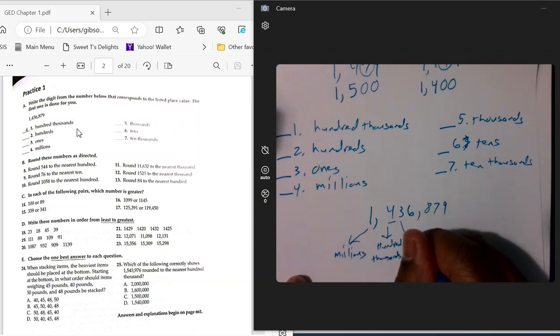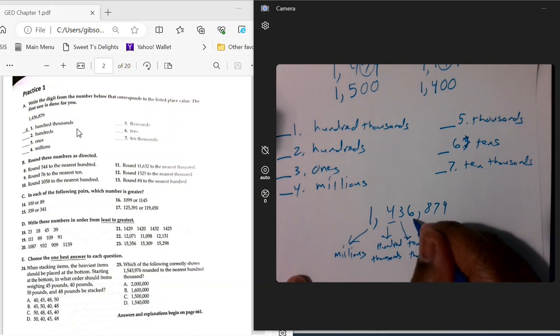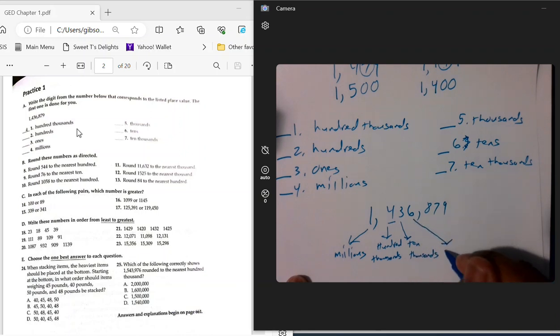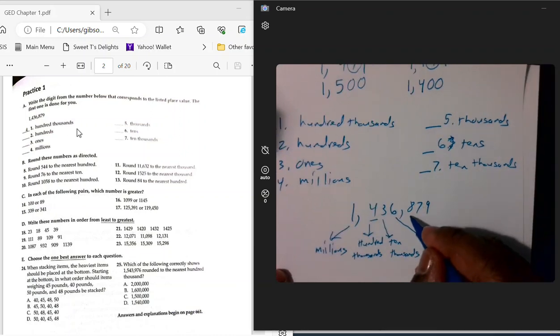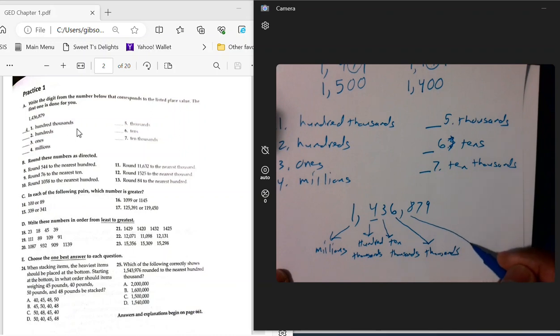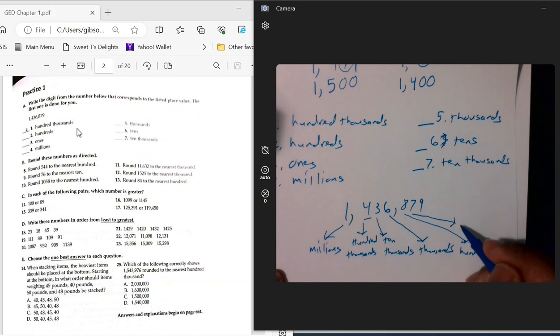This right here is 10,000. This 6 here is thousands. This 8 is hundreds. This 7, I'm going to just write it here, is tens. And finally, we know this 9 is ones.